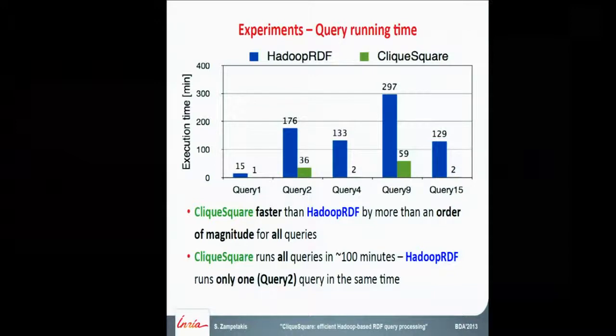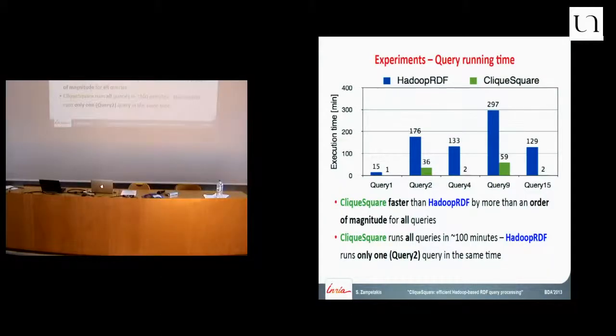Now, in terms of query running time, which is the most important part of this work, we can note that we are faster than Hadoop RDF, and in many cases we have a big difference. For example, for this query, ClickSquare can run in 36 minutes, while Hadoop RDF runs in 176 minutes.